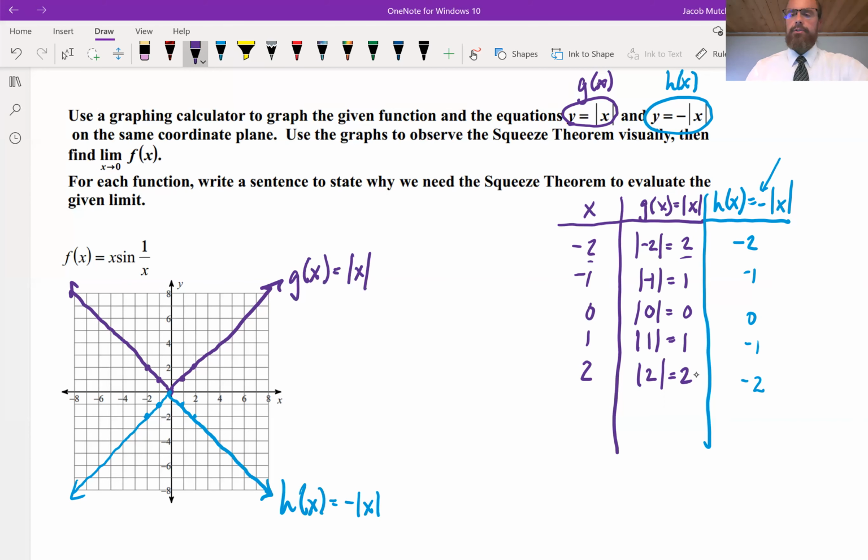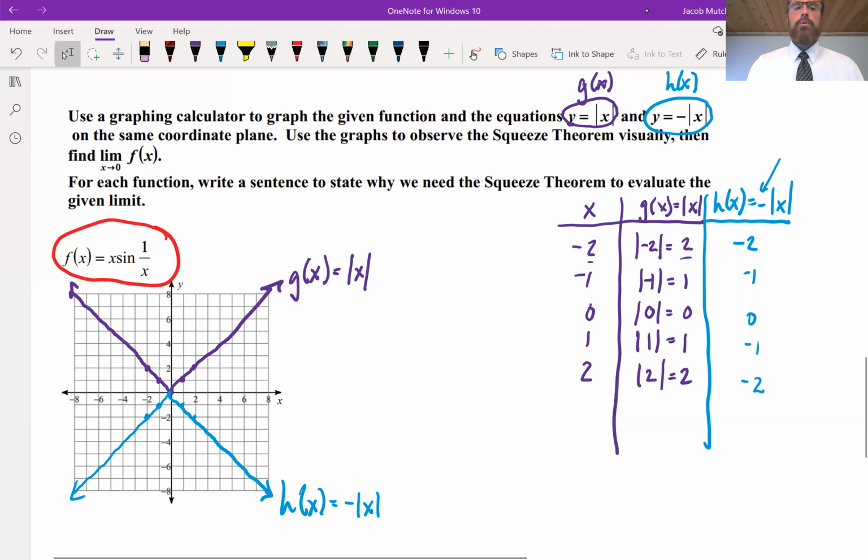So the next instruction is for me to look at this function that we'll call our f of x. X times sine of 1 over x. And I'm told to do that in the graphing calculator. So I'm going to head over to Desmos to graph these. And I'll recreate our two absolute value functions over there.